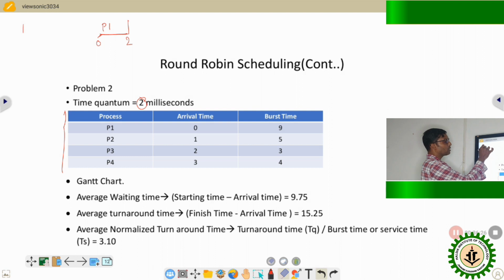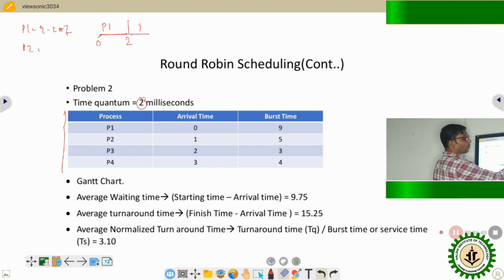So we need to keep a chart of process P1, that is 9 minus 2, 7 is remaining for process P1. For process P2, what is the arrival time? It has already arrived in the system, because 0 to 2, 1 lies there. Process P2 will again run up to 4, and P2's burst time 5 minus 2, that is 3 is remaining.